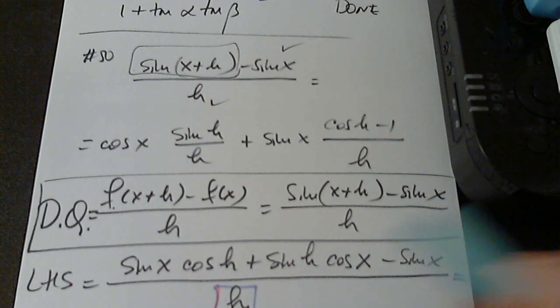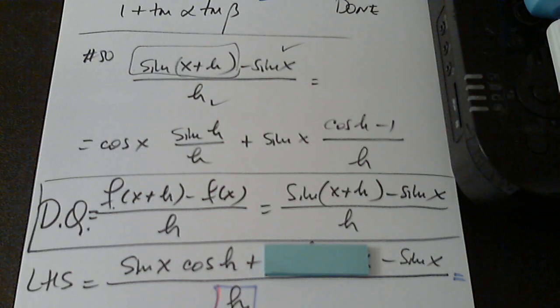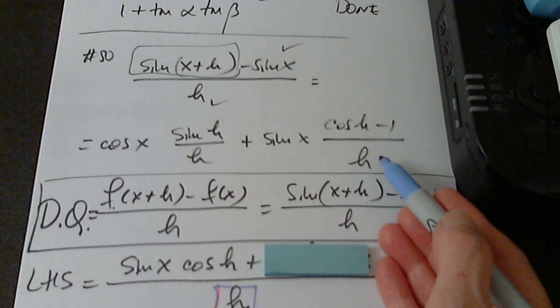So now this piece is gone, because this over this is already here. Now the other piece is, obviously I have to factor out sine x, and I'm going to do that. And then I have cosine h minus 1 also divided by h. And that's exactly what this is.